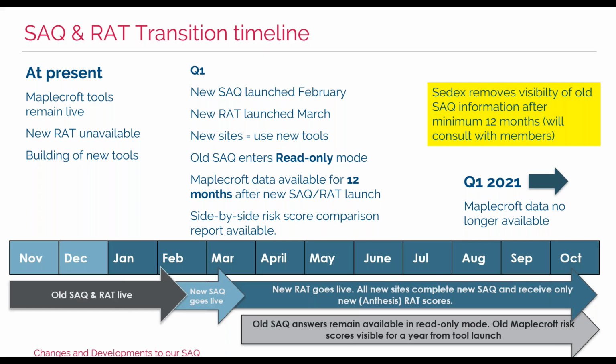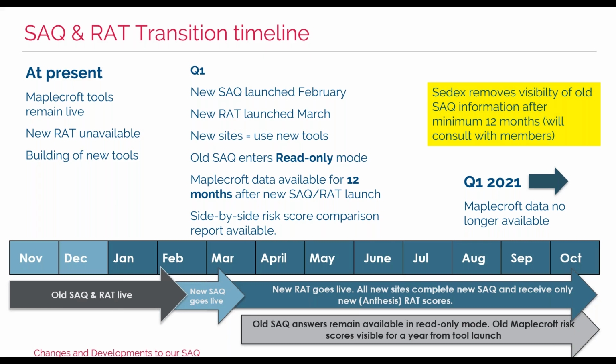And from mid-February 2020, we will be asking new sites on the system, or existing sites who wish to start a new SAQ, to fill out the new SAQ. Once we have the SAQ launched, embedded in, and we have started to do training around that, a month later we will be launching the new risk assessment tool in March 2020.